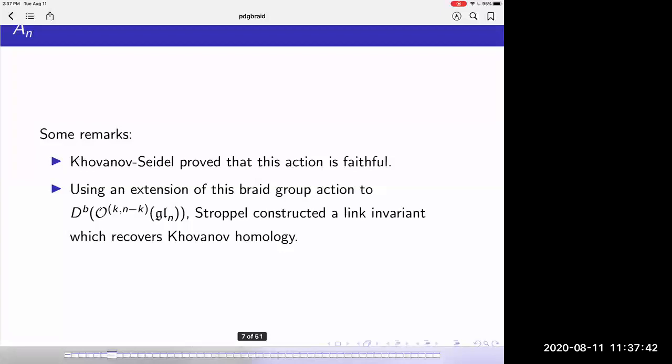As I mentioned before, this is related to parabolic category O, a fairly easy parabolic subcategory of it. These braid group actions exist for more general parabolic data. So Stroppel extended this braid group action to get a link homology, which recovers Khovanov homology. So we're just seeing a shadow of much more interesting topological constructions in categorification.